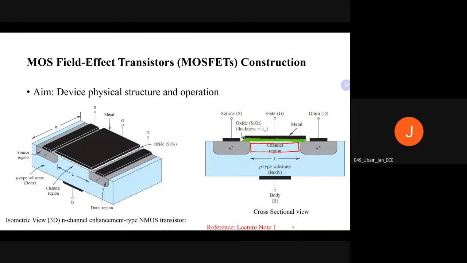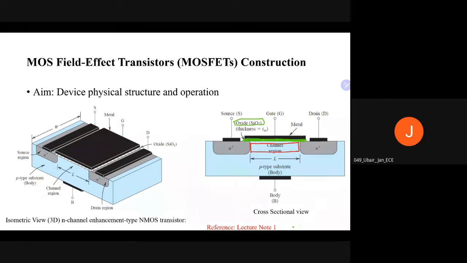So there is a deposition of silicon dioxide layer, whose thickness is equal to Tox. So this silicon dioxide is always just above the channel. Above the silicon dioxide layer, there is a black layer, which is metal layer, and it is known as gate. So please note it down that gate terminal is always above the channel, separated by silicon dioxide.